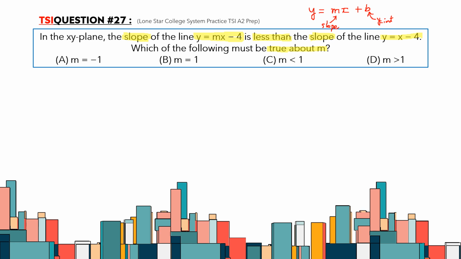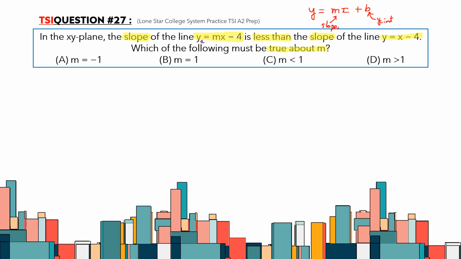Now let's say the line y equal mx minus 4 is line number 1. Anything related to this line, we subscript with 1.